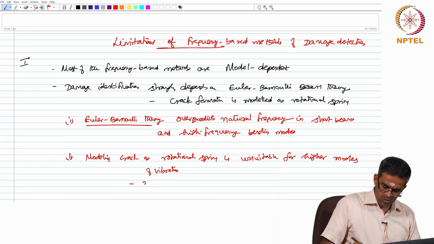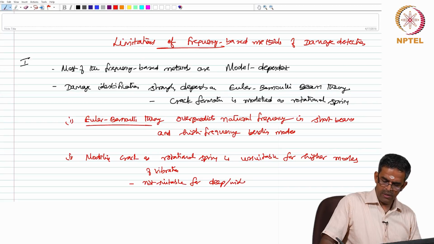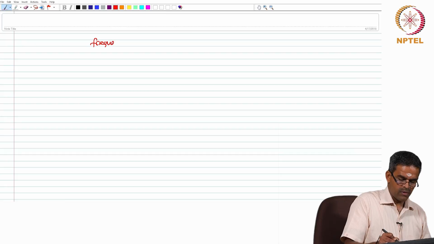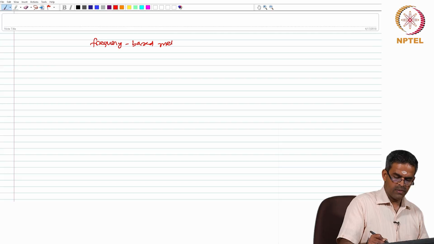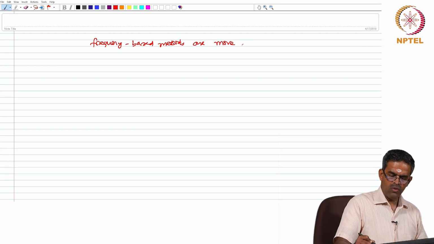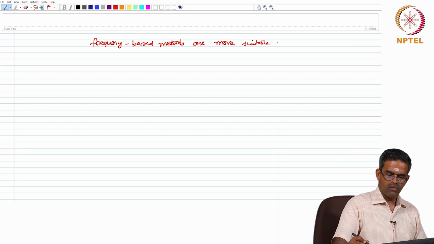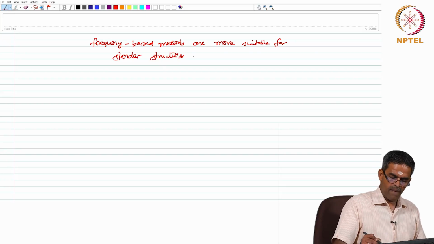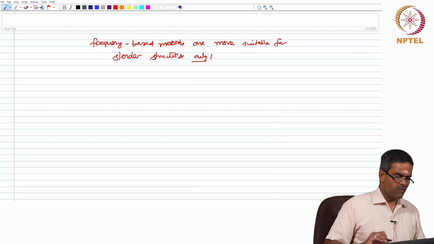It is also not suitable for deep wide cracks. Therefore, frequency based methods are more suitable for slender structures. I should say only with an emphasis.